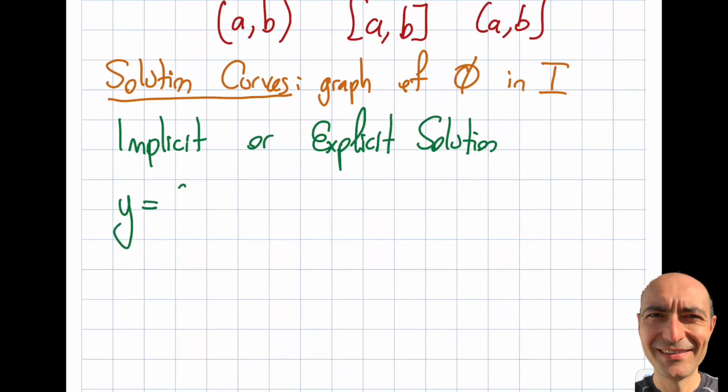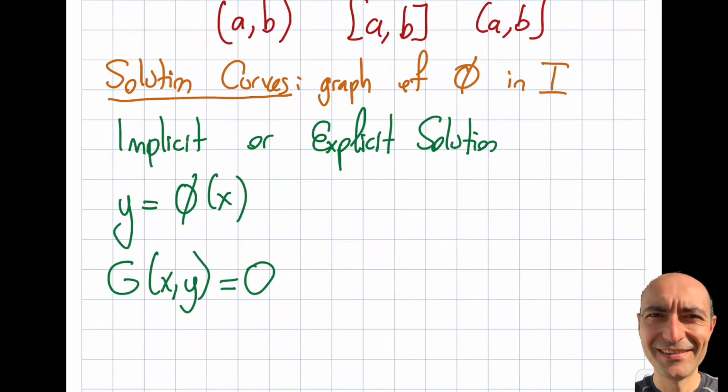Explicit, well, you know what the word explicit means in English, right? So it's basically exactly what I want. So y is equal to the solution that I'm interested in, all right? But sometimes this is not possible, right? We prefer it, but I may get myself an implicit solution. Okay, let's actually write it. This is an explicit solution. This is an implicit solution.